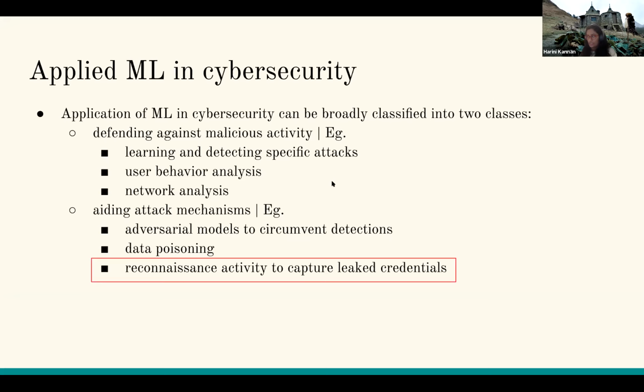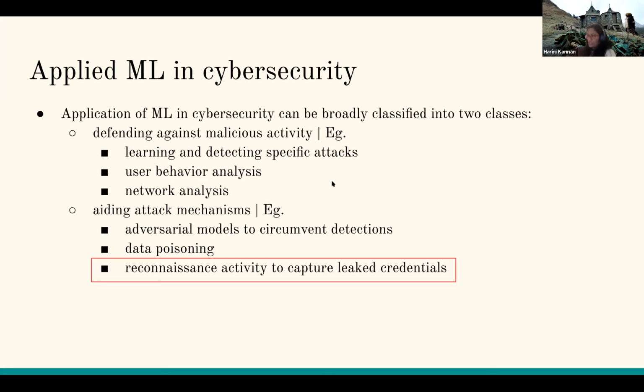It can basically be broadly classified into two classes. Either you're going to be working on models that are defending against malicious activity, or you're going to be aiding the ethical hacking infrastructure and systems, aiding the attack mechanisms.